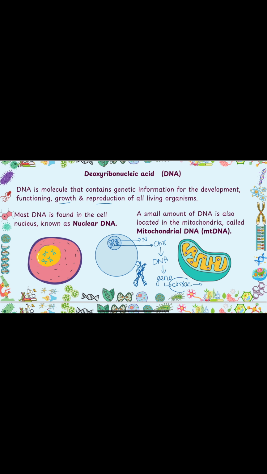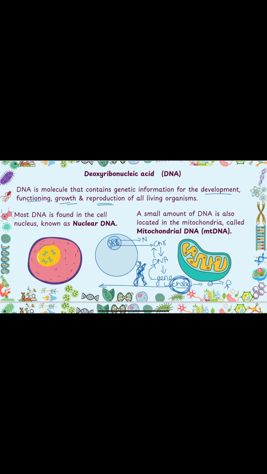Now this character in the gene present in the DNA inside the chromosome transfers from parents to their children, right? So that is why we can say that DNA is a molecule that contains genetic information. And this genetic information is all about development, functioning, growth, reproduction of all living organisms.